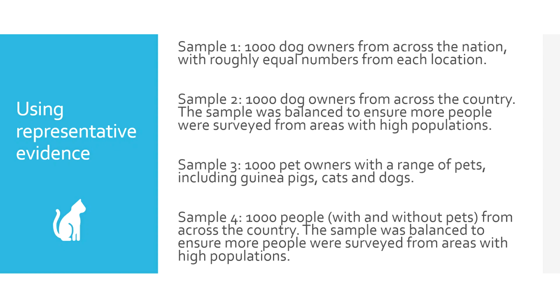So the first one is dog owners, second one again just dog owners, the third one a mixture of pets. So all of the answers in those could potentially be biased answers. The final sample not only has a mix of individuals with and without pets, but it also has a balanced amount of people surveyed from areas with high populations.